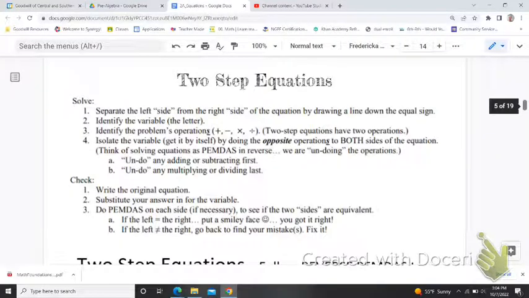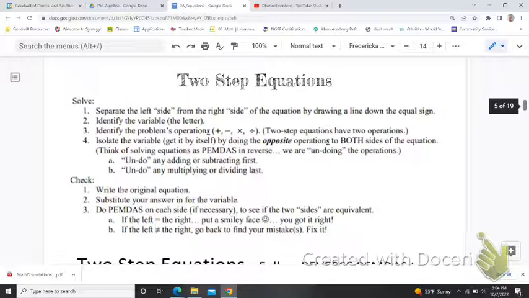Hello again, pre-algebra students. This time we're going to be working on two-step equations. You guys have probably felt like I've had you practice and practice and practice so much of one-step equations. Now we're going to go to equations that are two steps.